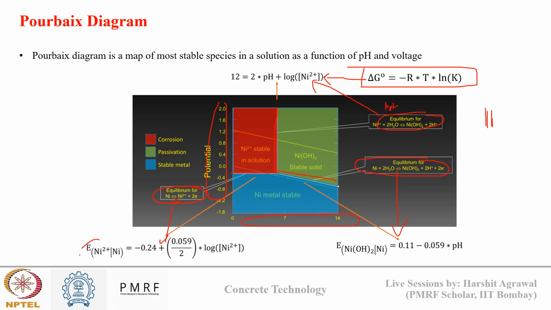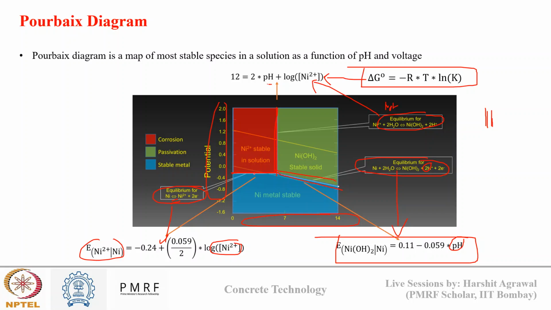Now this is E, this is concentration. Here there is no pH, so this is a horizontal line. Here you can see in the Nernst equation pH is also coming into account because a hydrogen ion is involved, so my potential is dependent upon pH here. And here it is not affected by the potential, it is just affected by the pH, so it is a vertical line.